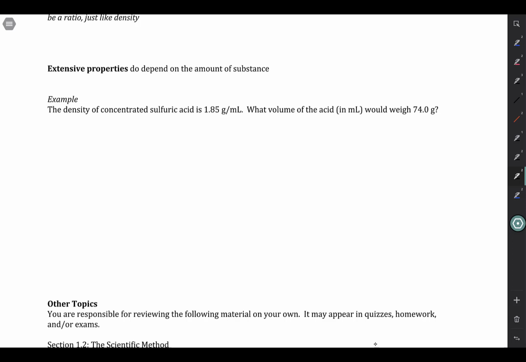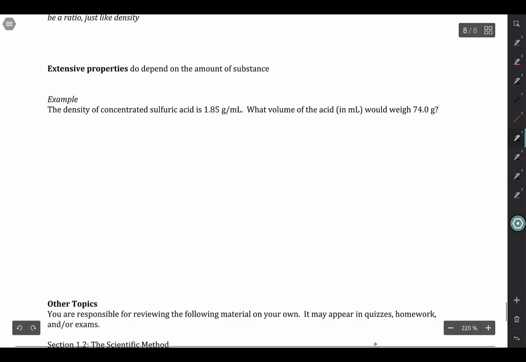Now, just to give you a quick hint, when you're trying to figure out where to start on a problem, it's almost never the case that you're going to want to start with a ratio, grams over milliliters, for example. It should always be clear to you that a ratio is used as a conversion factor from one thing to another.